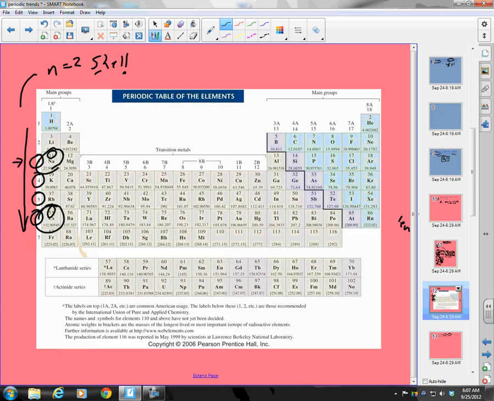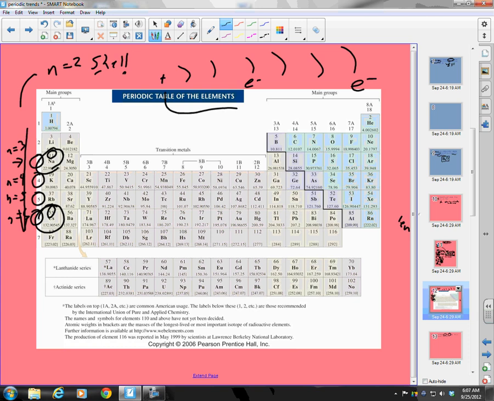I have an electron in n equals 3 here, and n equals 4 here, and n equals 5 here, and n equals 6. So in my sodium, it's 1, 2, 3. I have an electron here. In my cesium, I have an electron way out there.